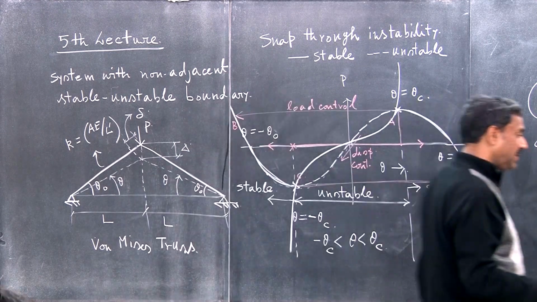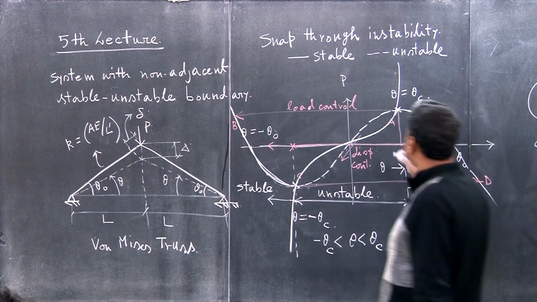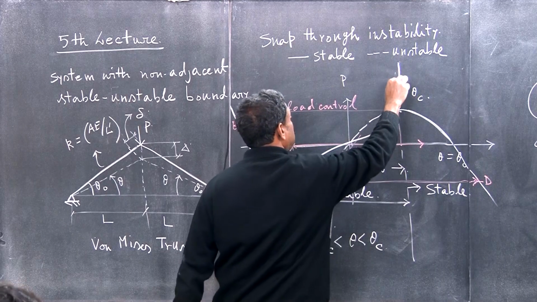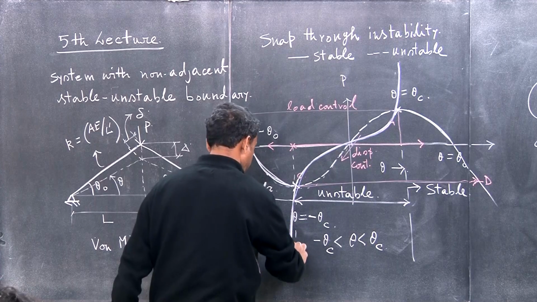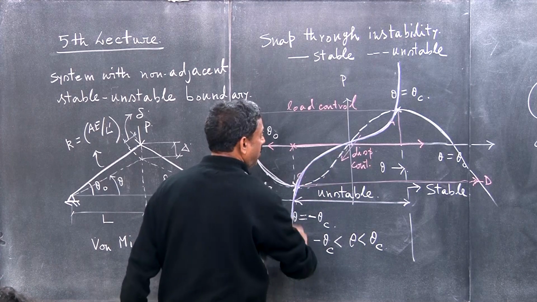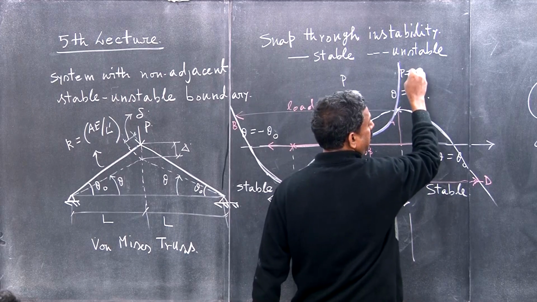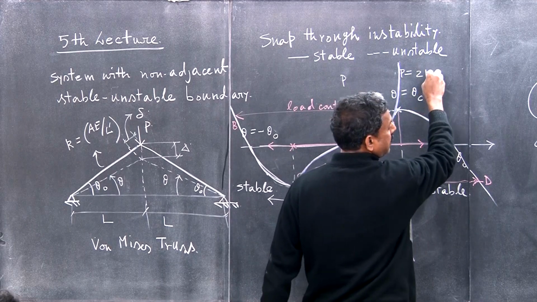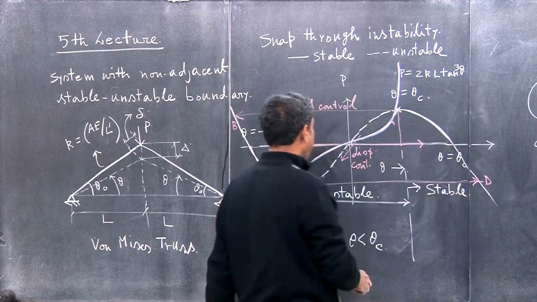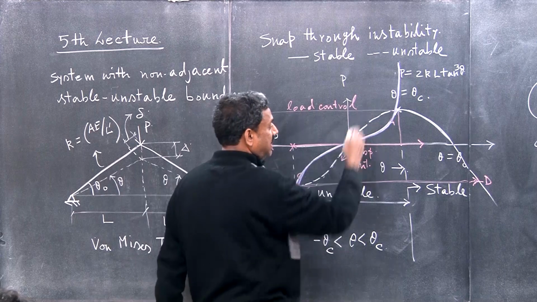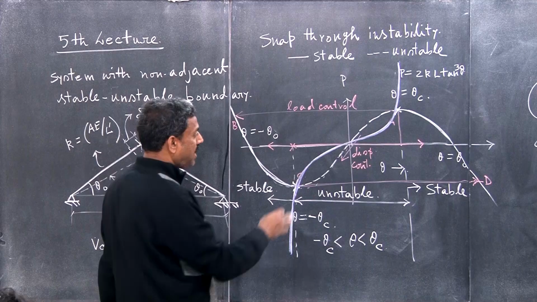So this is basically the stable-unstable transition, please note that. You know how tangent looks like, it's a cubic-round tangent. So this is nothing but P equal to 2KL tan cube theta. This gives you the stable-unstable boundary.